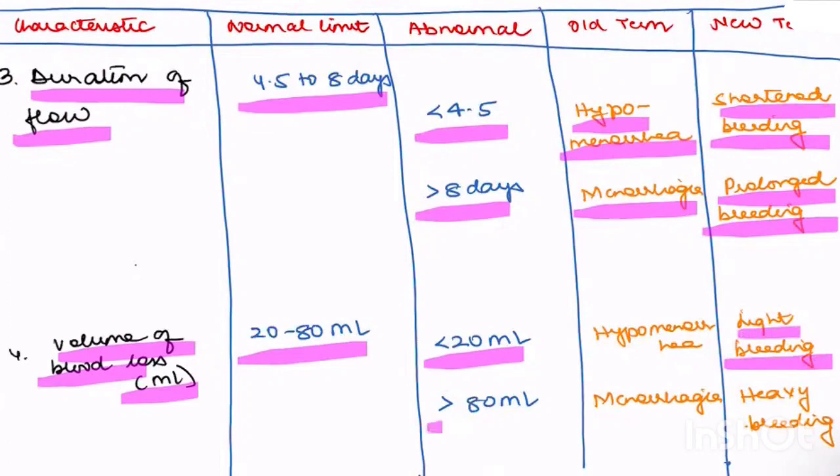And if blood loss is more than 80 ml, earlier called menorrhagia, now we call it heavy bleeding. Copied? Earlier we said that if bleeding is less than 20 ml it is hypomenorrhea, now we say light bleeding. And earlier we said if bleeding is more than 80 ml it is menorrhagia, now we call it heavy bleeding. There is nothing to explain. This is all what you will have to learn.